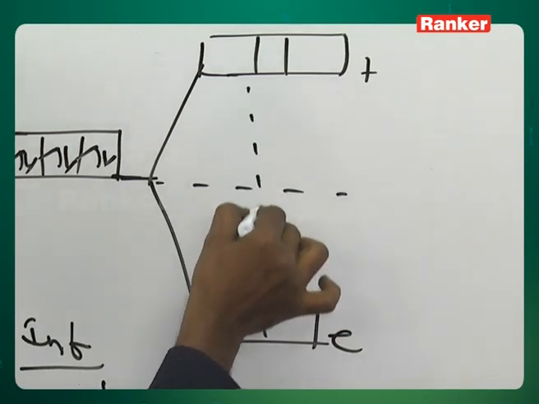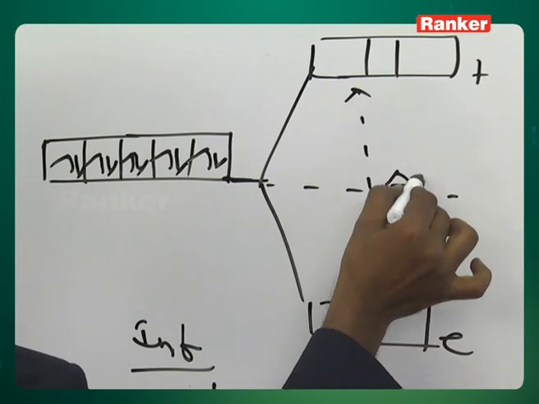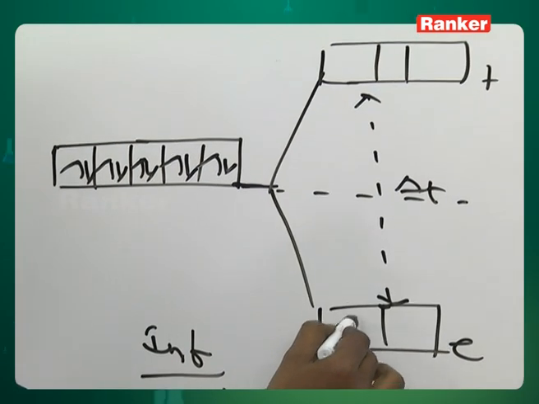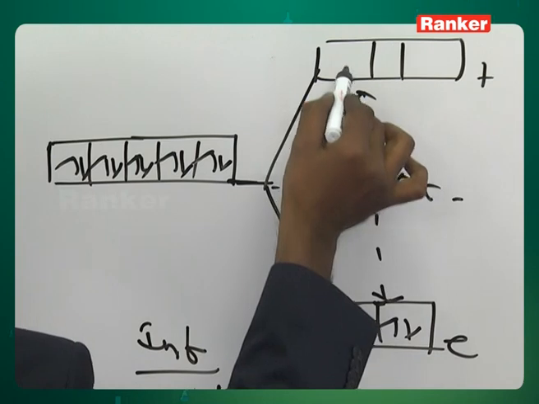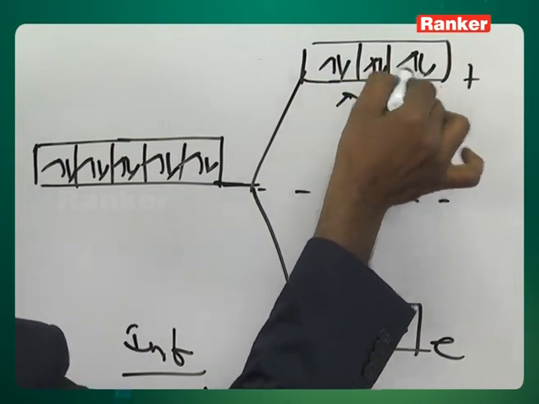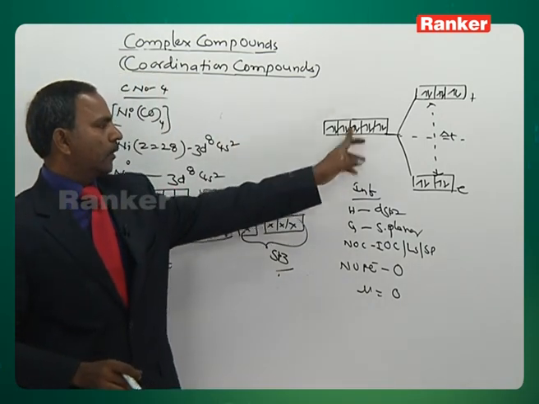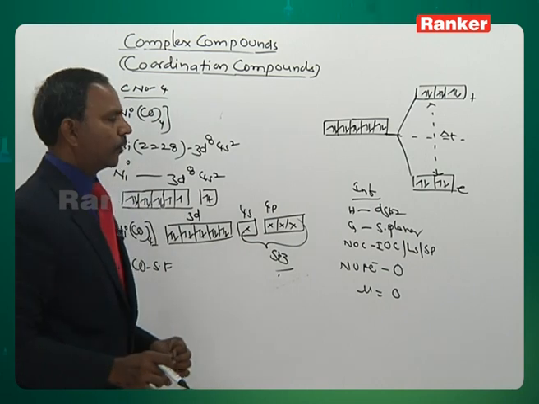Then the splitting is delta T. Arrangement of electrons: 1, 2, 3, 4, 5, 6, 7, 8, 9, 10. This is the arrangement of electrons in nickel tetracarbonyl, with 10 electrons arranged in these d orbitals.